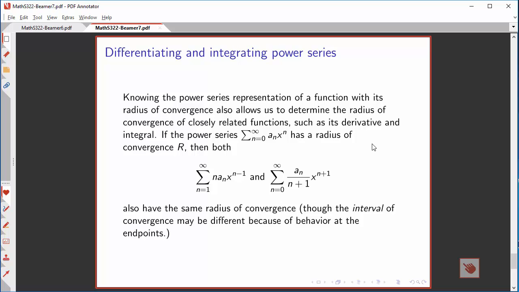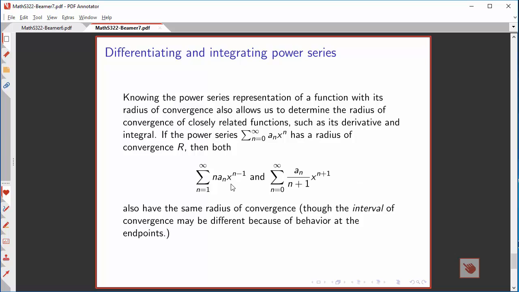Students love to integrate and differentiate power series term by term. It's kind of fun to differentiate the Taylor series for the sine function to get the Taylor series for the cosine function, and so on. And it turns out there are some results about integrating and differentiating series that are not hard to prove at all.